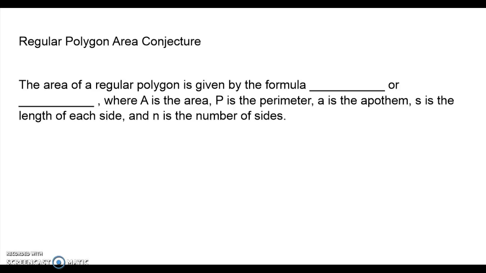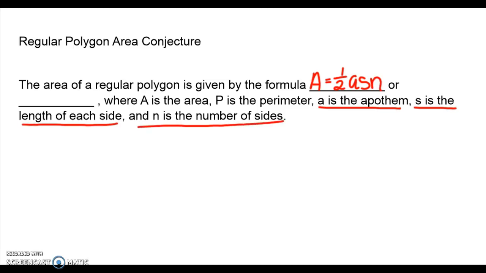Now there are two different types of formulas for this, okay, but they both mean the exact same thing. Okay, so the first one is A equals 1/2 times the apothem, which is a lowercase a, times the side length, which is S, and then times n, which is the number of sides.